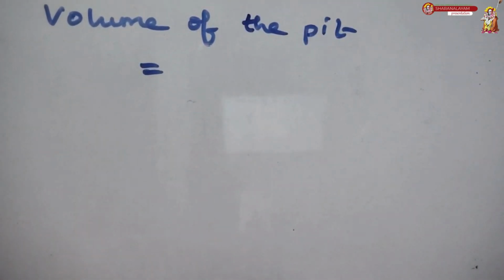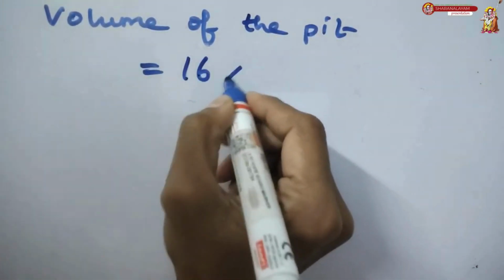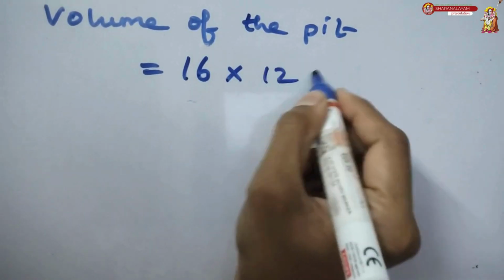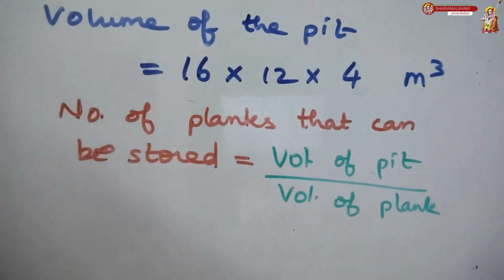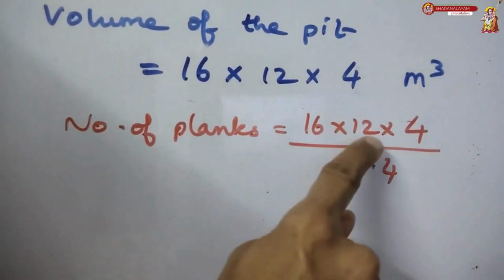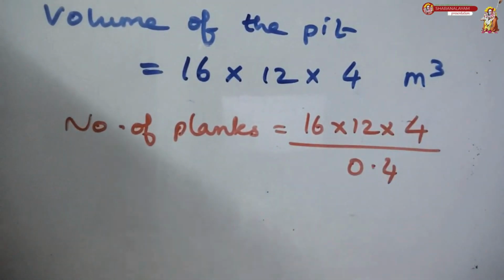Now the volume of the pit will be 16 into 12 into 4 meter cube, correct? So the number of planks that can be stored inside the pit is equal to volume of the pit divided by volume of the plank, correct? So now that will be 16 into 12 into 4 upon 0.4.